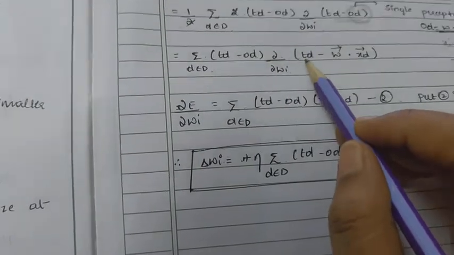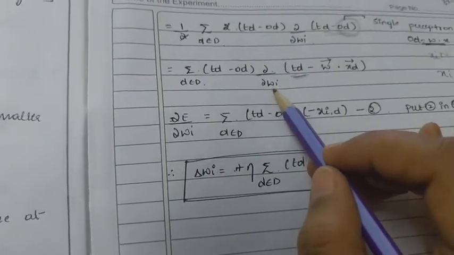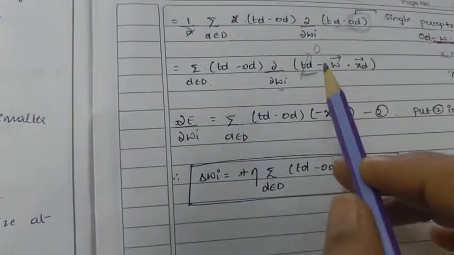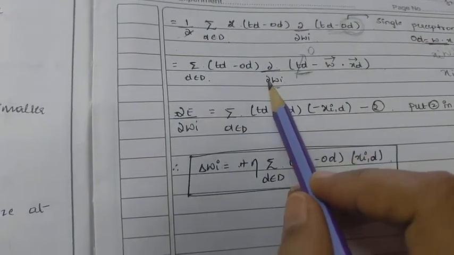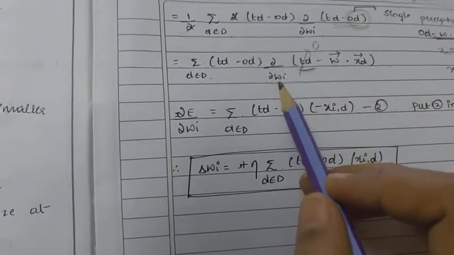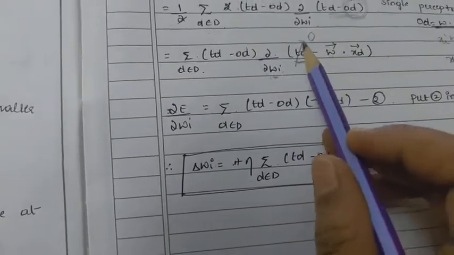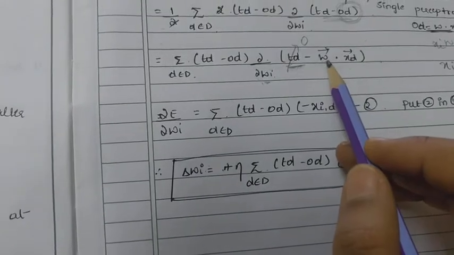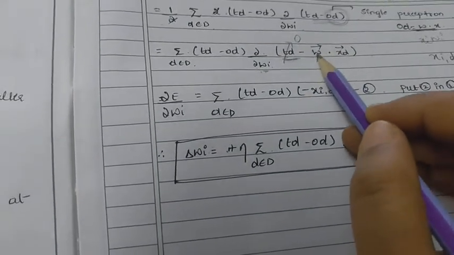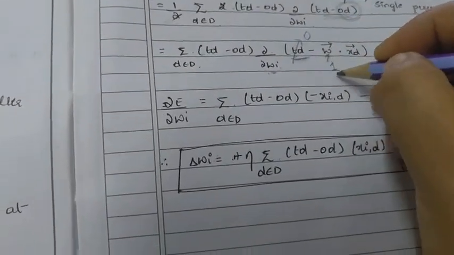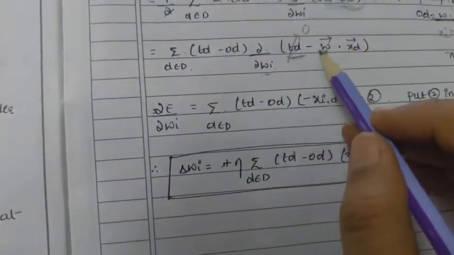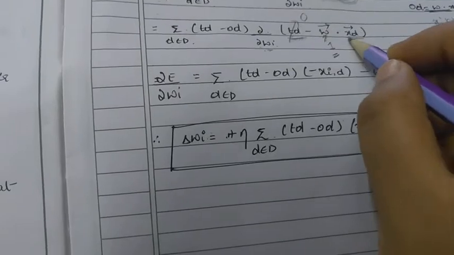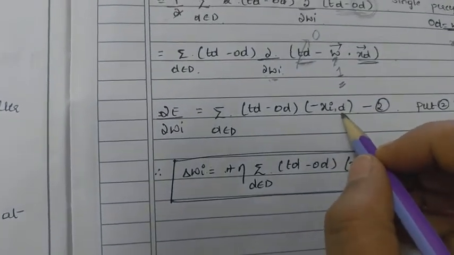The differentiation of td with respect to wi I can't do; this is going to be 0, since I am doing partial differentiation with respect to the weight. There is no weight term there, so that is why I cancel it, and here I have a weight term, so this value is going to be 1. That is why it is minus. In place of xt I'll write xid.